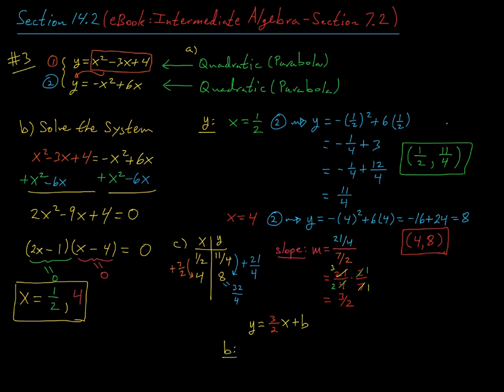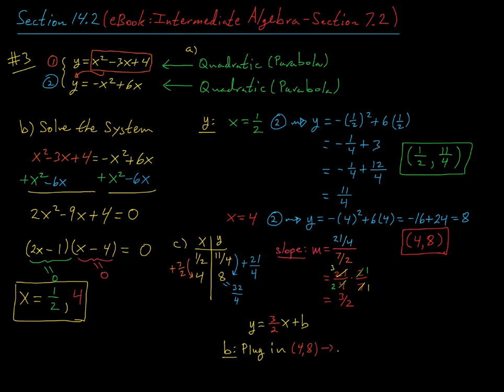And I can plug in the coordinates of either this point in green, 1/2, 11/4, or this point in red, 4, 8. I'm definitely going to go with red here because the coordinates are whole numbers. So I'll go ahead and plug in 4 for x and 8 for y.